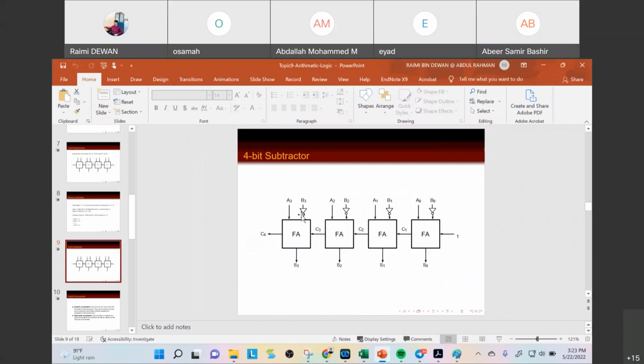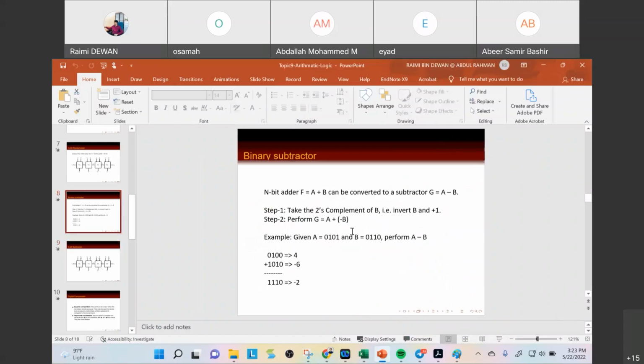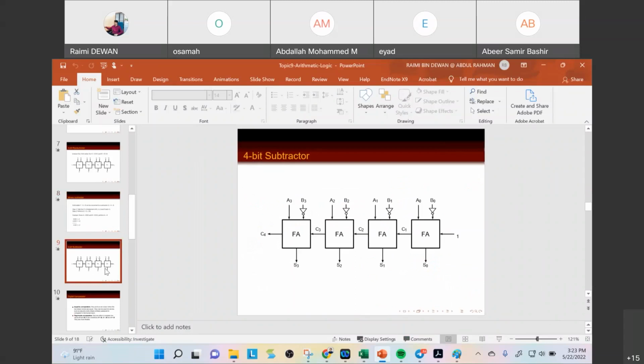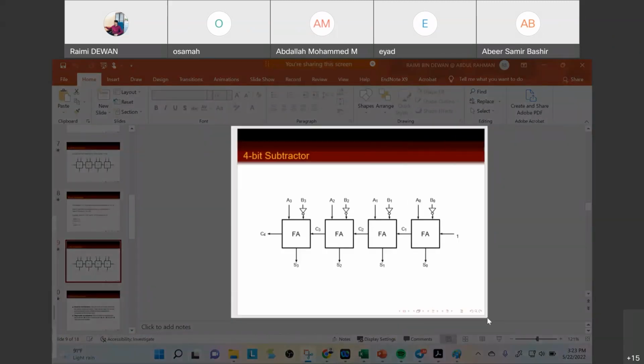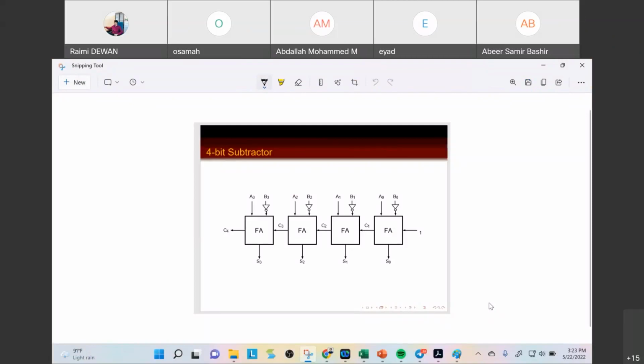This one is a 4-bit subtractor. This is binary, you already know. Now we want to see it in terms of the logic. So what you can see here is your subtractor.